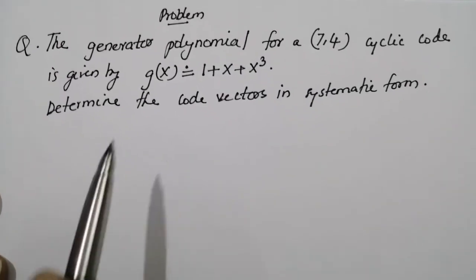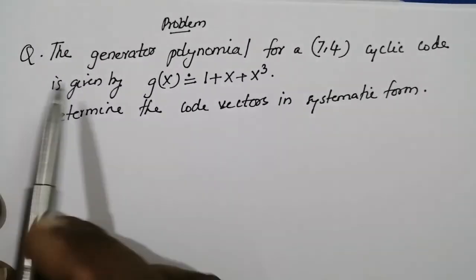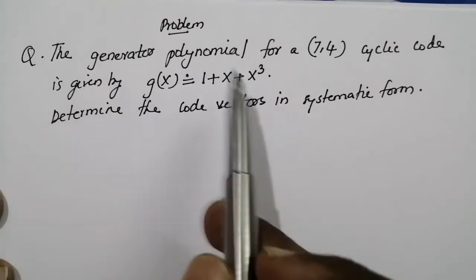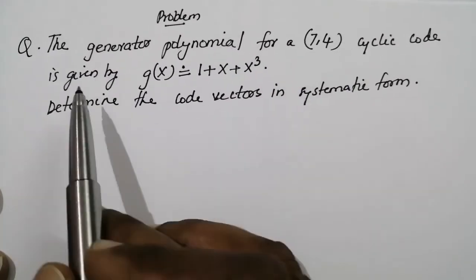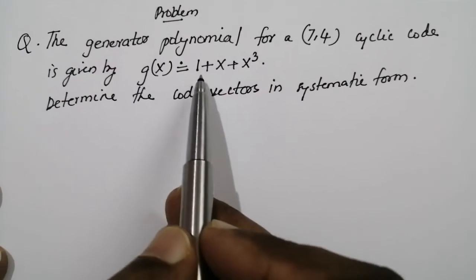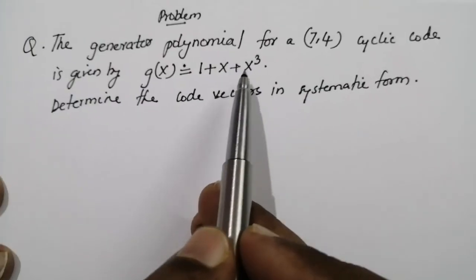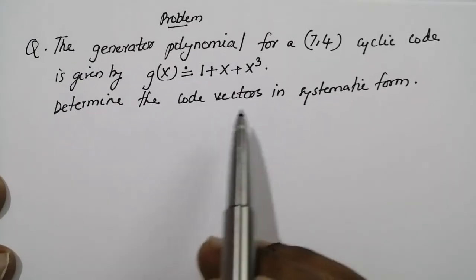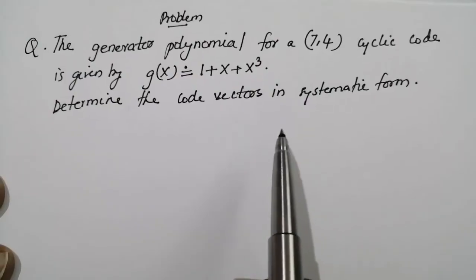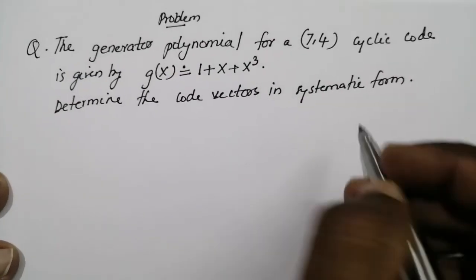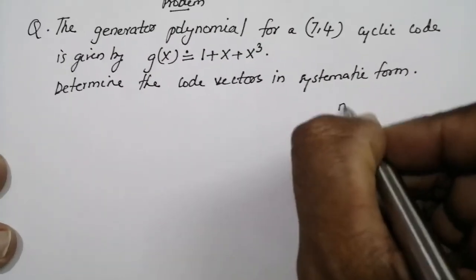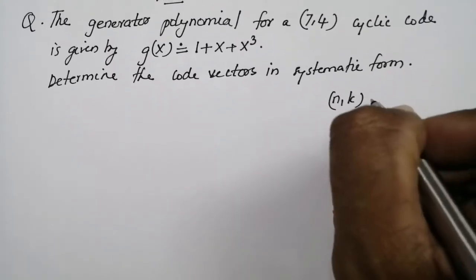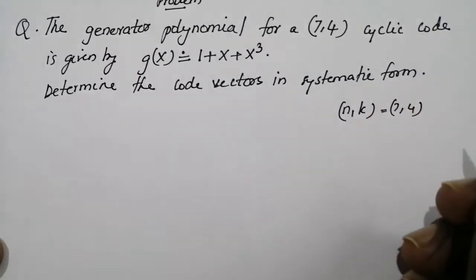Now we will do a problem on cyclic code. The generator polynomial for a (7, 4) cyclic code is given by g of x equal to 1 plus x cube. Determine all possible code vectors in systematic form. So given that, the (n, k) cyclic code is (7, 4).